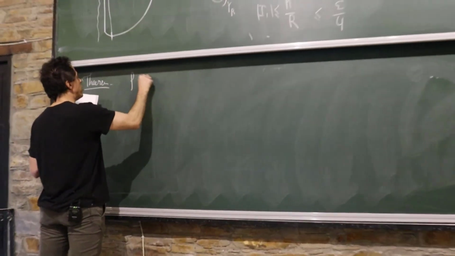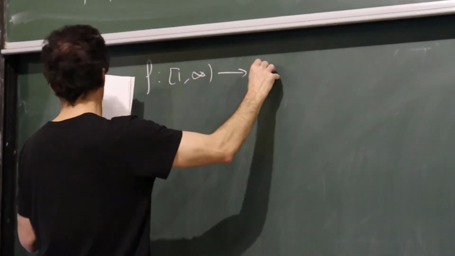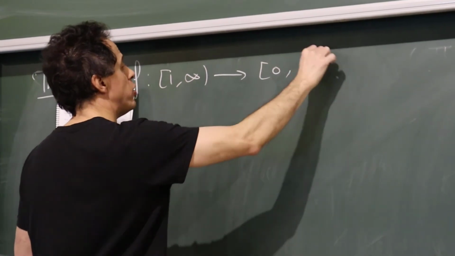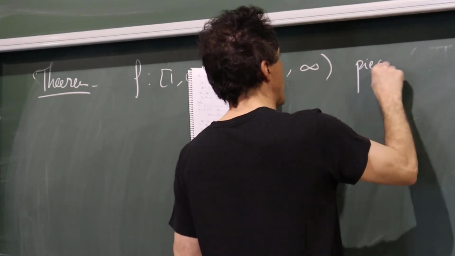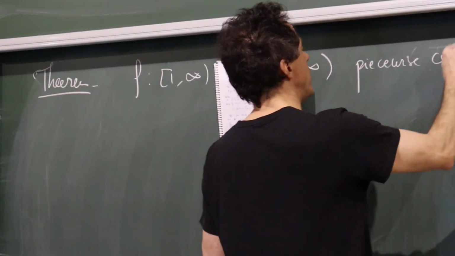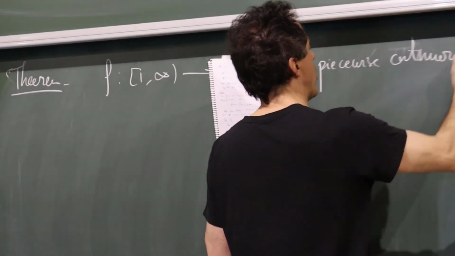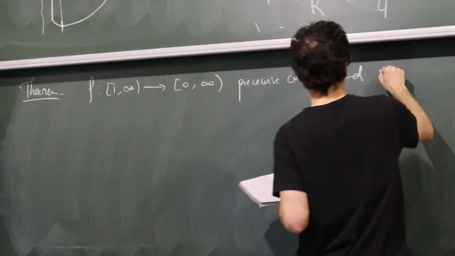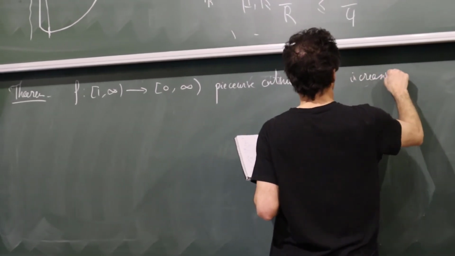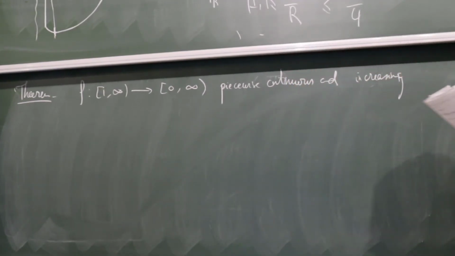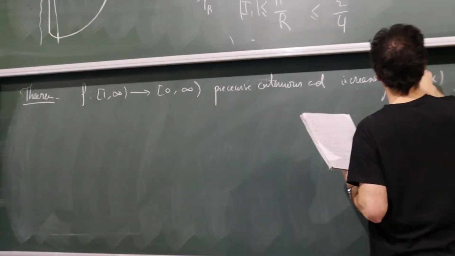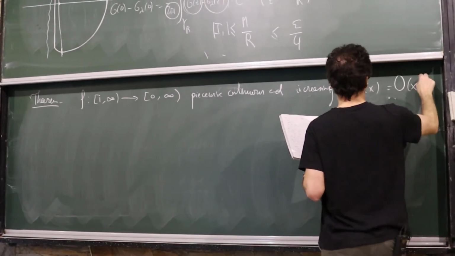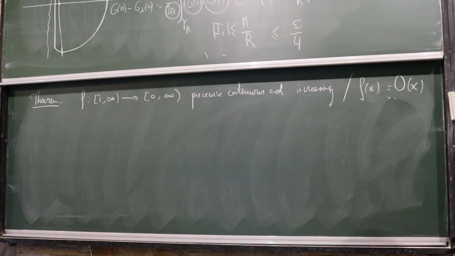Assume that you have a positive function, piecewise continuous, and increasing, or at least non-decreasing, such that the function is big O of x, so the function divided by x is bounded at infinity.